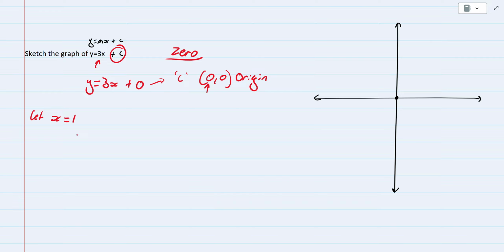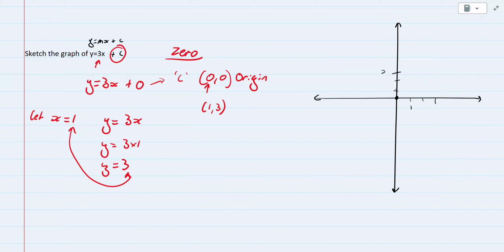So if x equals 1, and our formula is y equals 3x, then y equals 3 times 1, so y has to equal 3. So our coordinate is 1, 3. On our Cartesian plane, we'll need to mark out our points. 1, 3. There it is there.